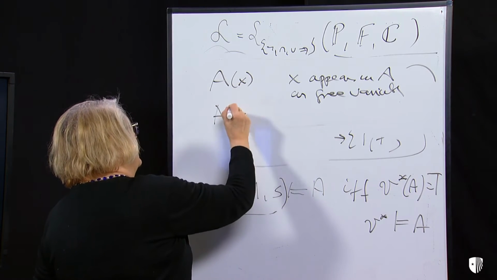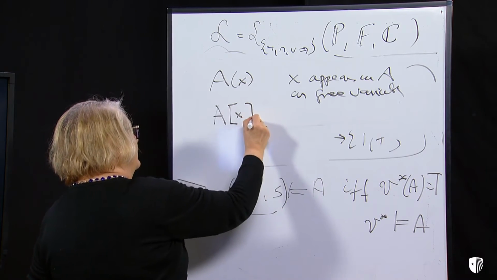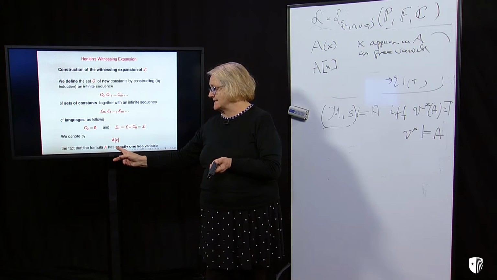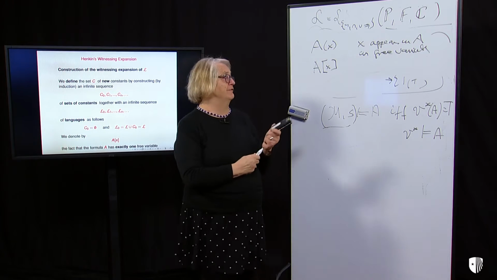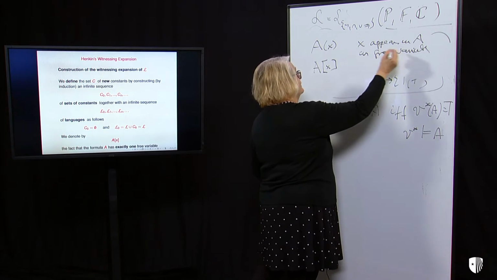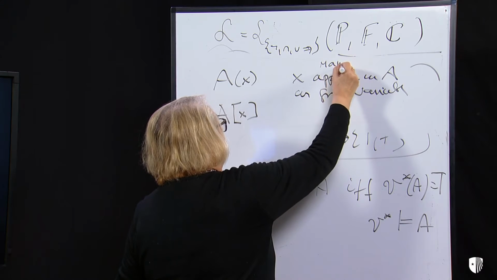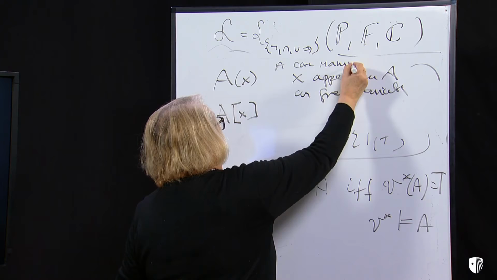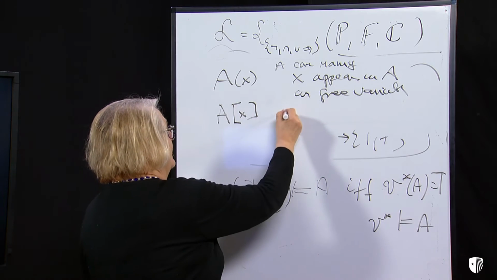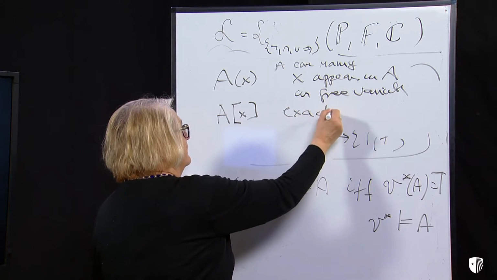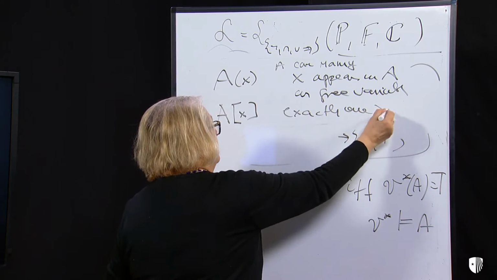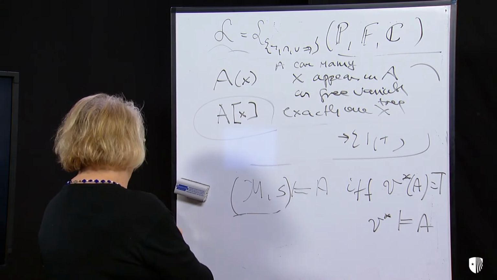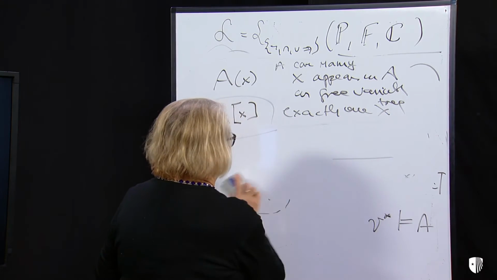Now we write A in square brackets, A[x], which means that A has exactly one free variable, free x. Here A can have many variables, and here exactly one free variable.